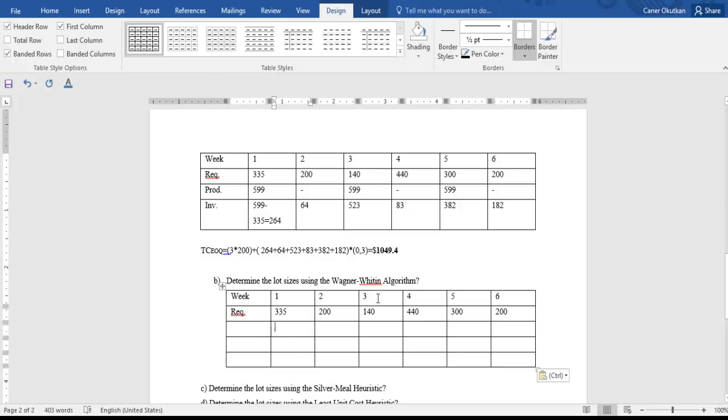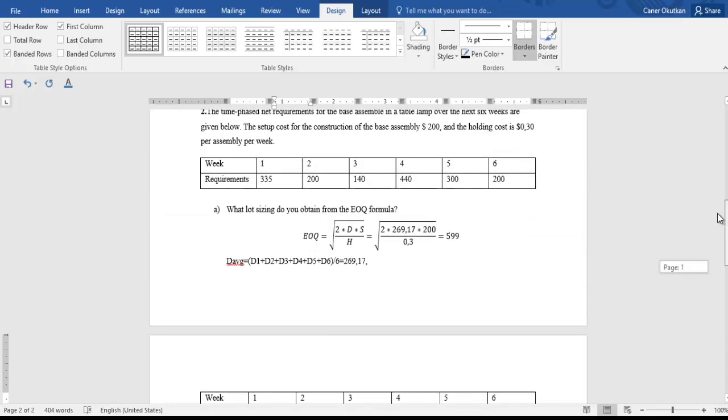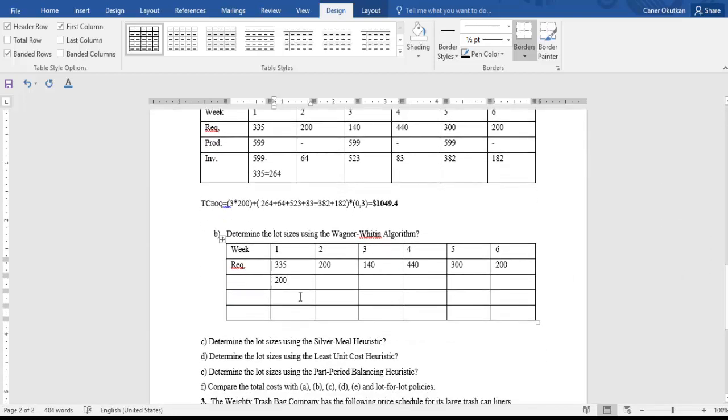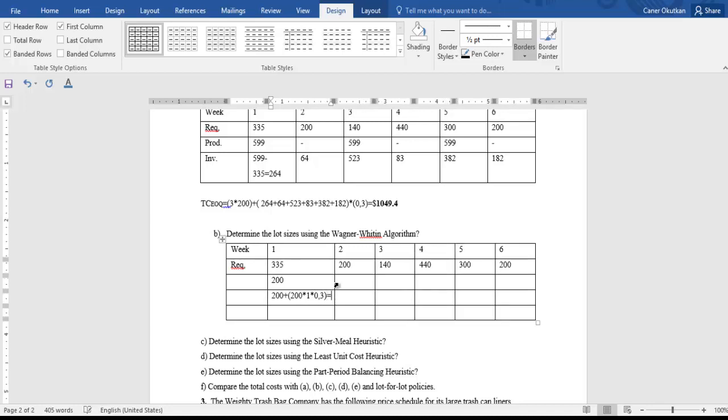In here we write 200, our setup cost. In here we write 200 plus 200 multiply 1 period multiply 0.3 equals 260.